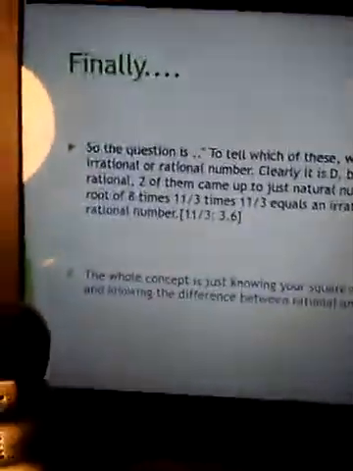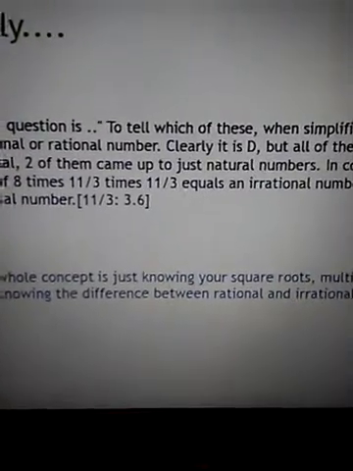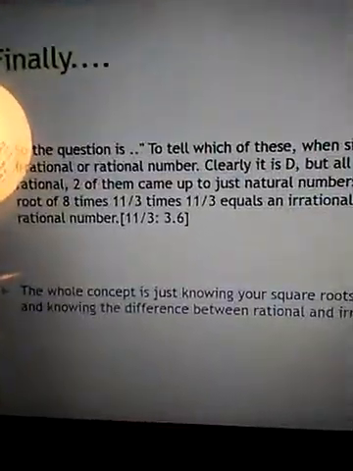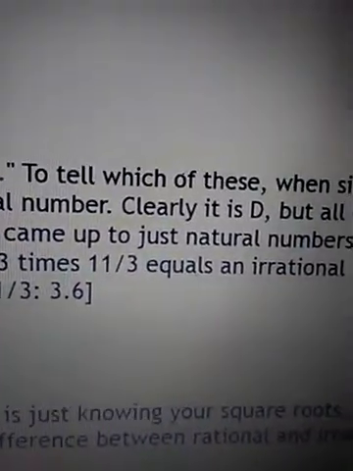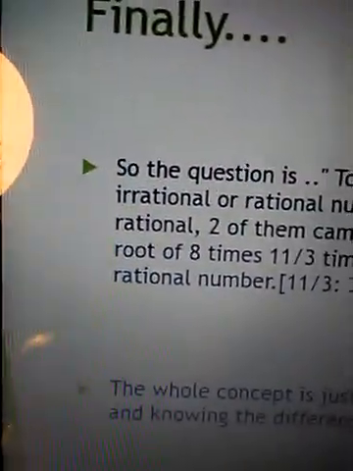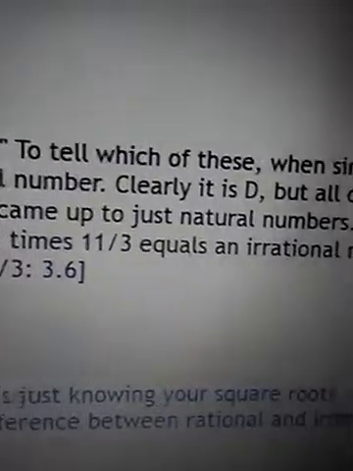Now, finally, the question is to tell which of these, when simplified, represents an irrational number. Clearly it is D, but all of the other choices were rational. Two of them came out to just a natural number.